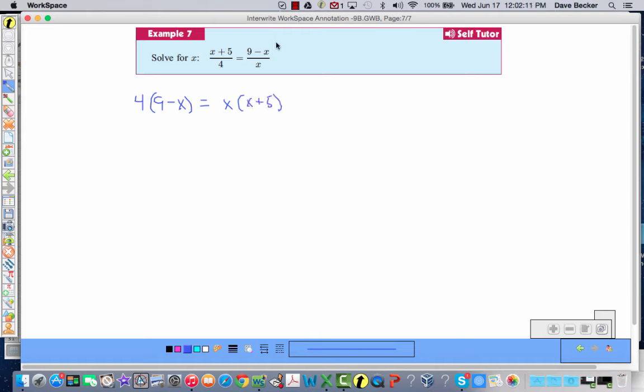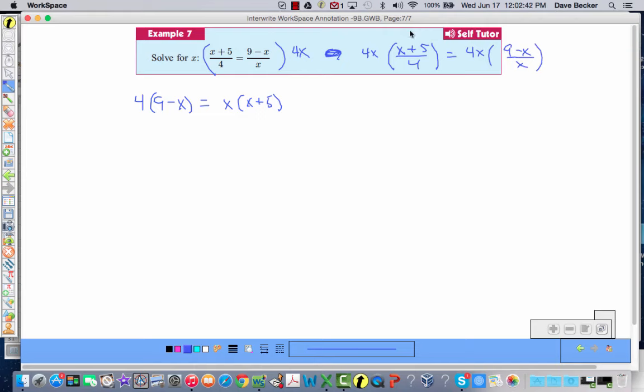This is what's really happening here with cross multiplication. I'm going to multiply the entire expression by 4x. Well, 4x times this guy, the 4's are going to cancel, so I would have 4x times x plus 5 over 4 equal to 4x times 9 minus x over x.